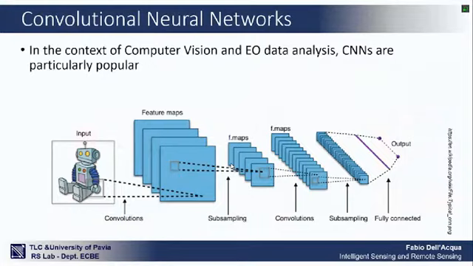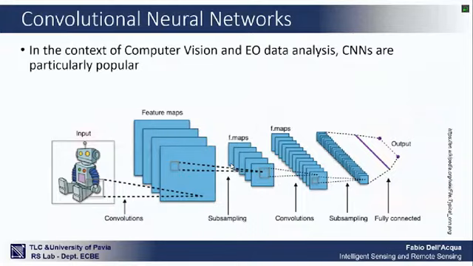What you do here is you have a sliding window, and for every location of the sliding window, you compute a feature map by convolving that portion of the image with a function which is defined for that specific classifier.